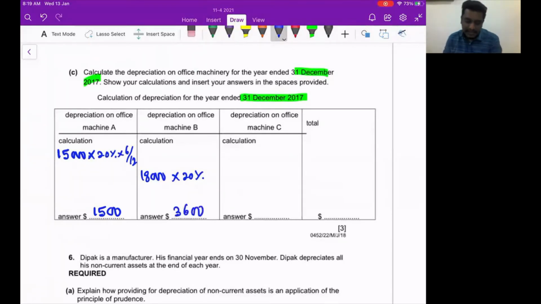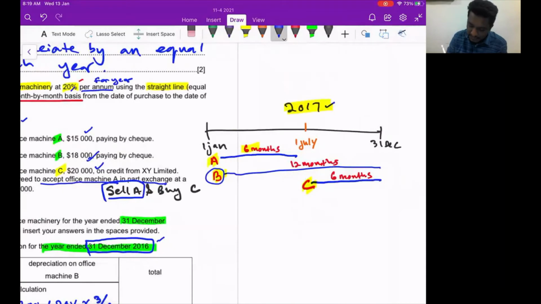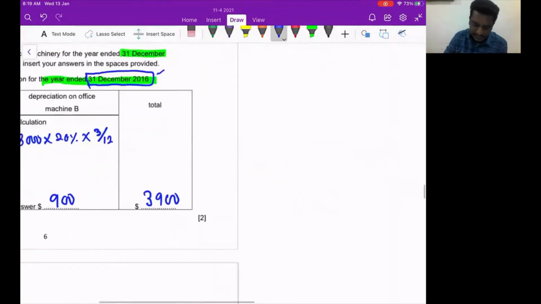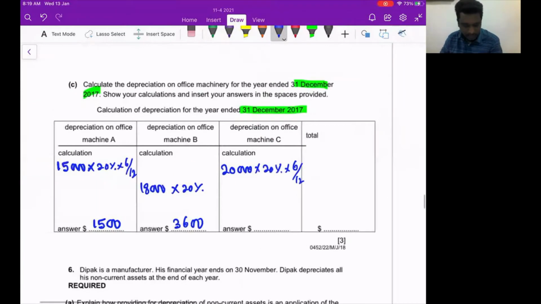I get 3,600. And then office machine C. Office machine C is 20,000. And how long do you use the asset in the year 2017? Only 6 months. So I write 20,000 times 20% times 6/12.